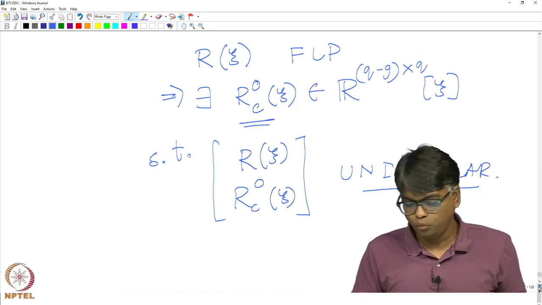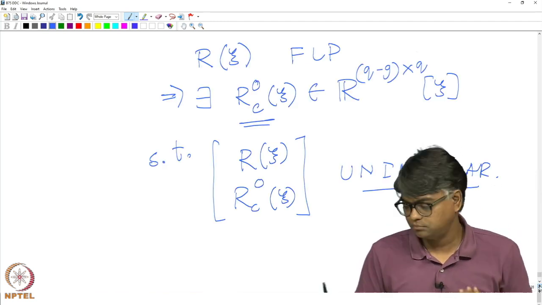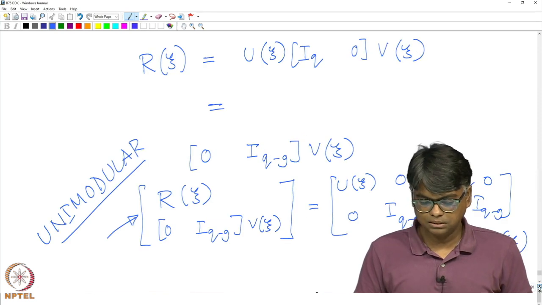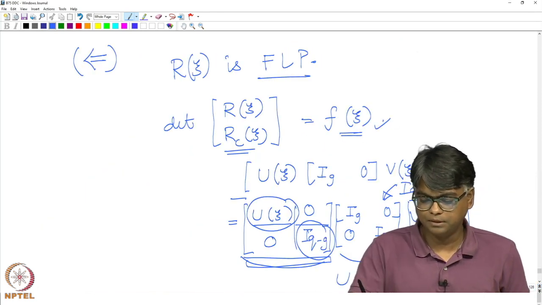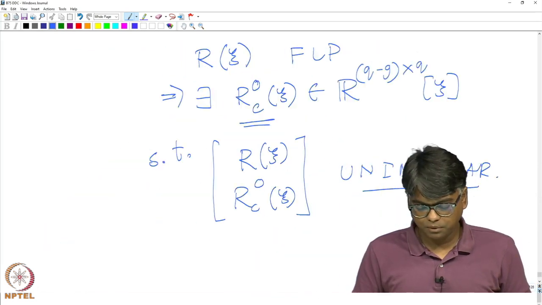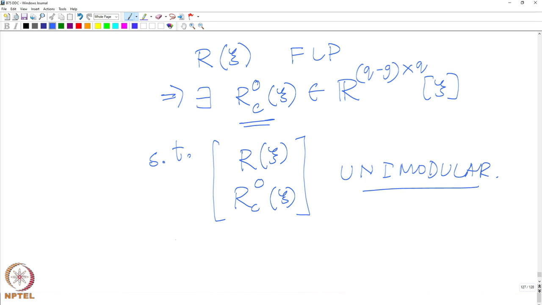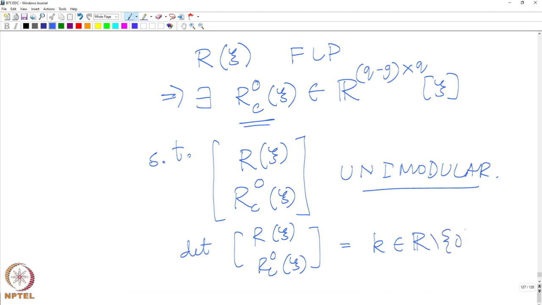My goal was to place the poles arbitrarily, so that the determinant of this was the given polynomial. But instead what I have obtained is a situation where the determinant is a non-zero constant. Determinant of R xi, RC 0 xi is equal to a constant k, which is a non-zero real number.